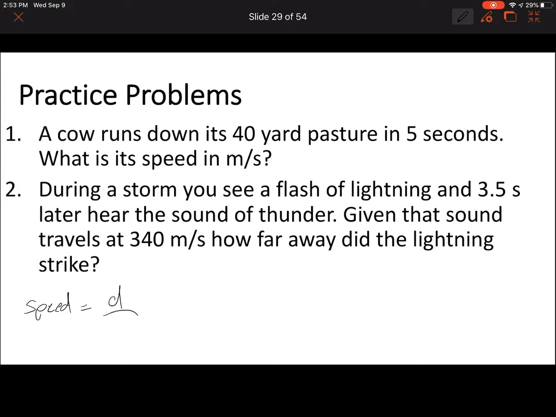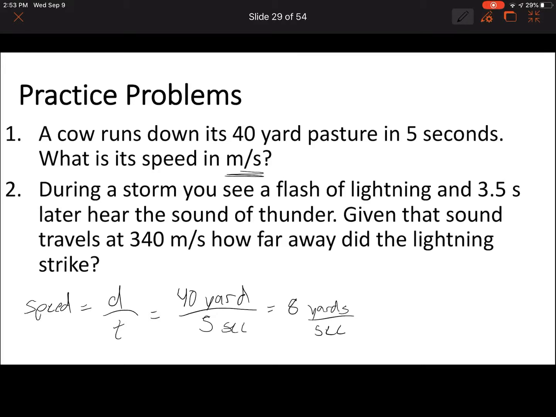Well, speed, we have an equation, it's just distance over time. And I'm told that it runs down its 40-yard pasture in 5 seconds. Well, that gives me a speed of 40 divided by 5, gives me 8 yards per second.